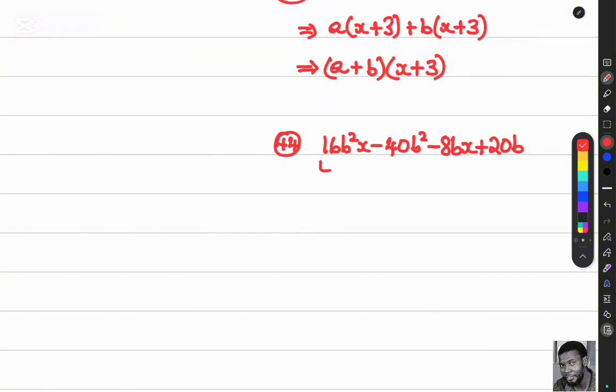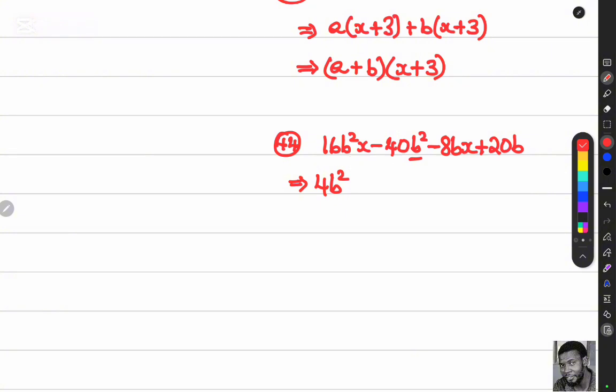You look at the first one here. You ask yourself, what's the highest common factor there? You need to be careful. You factor out 4b squared because you've got b squared there.